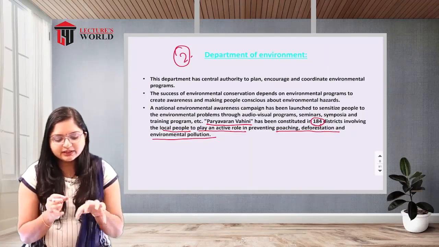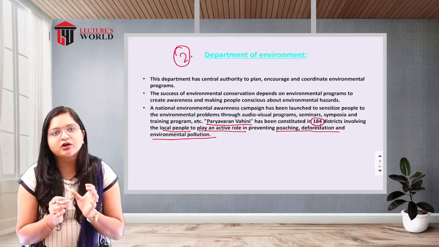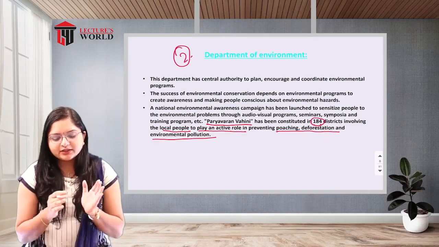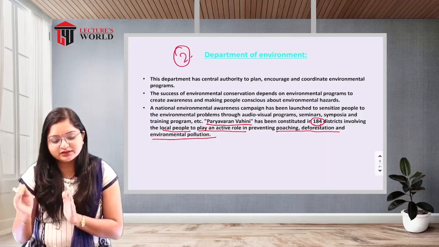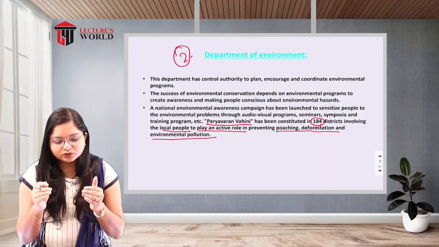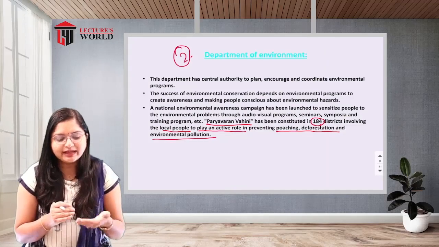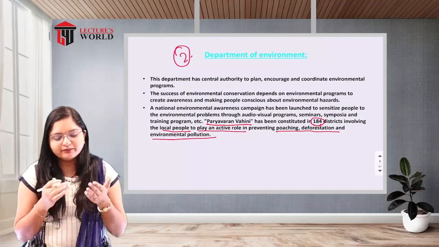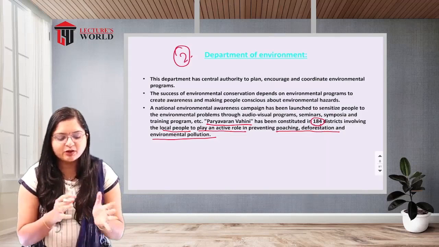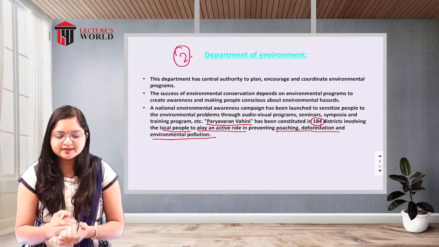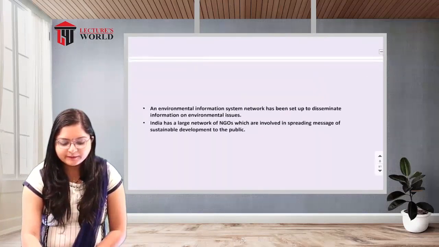Basically, Paryavaran Vahini has been constituted in the 184 districts, and through that they include local people who play an active role in preventing poaching, deforestation and environmental pollution. So this is the Department of Environment.